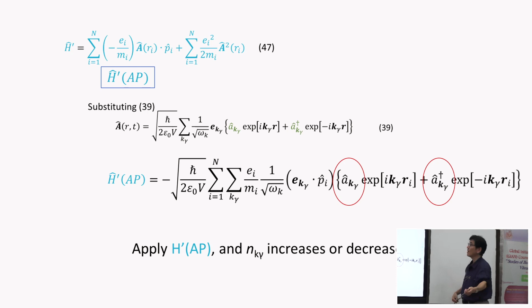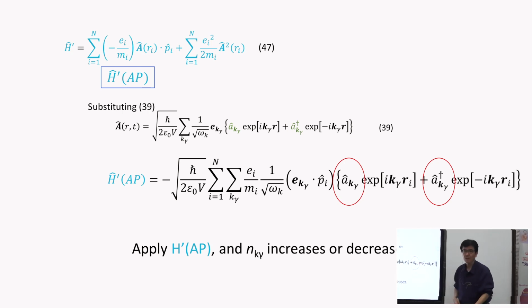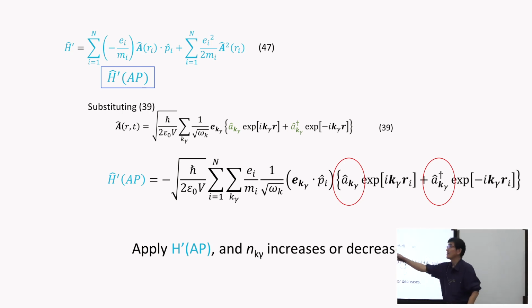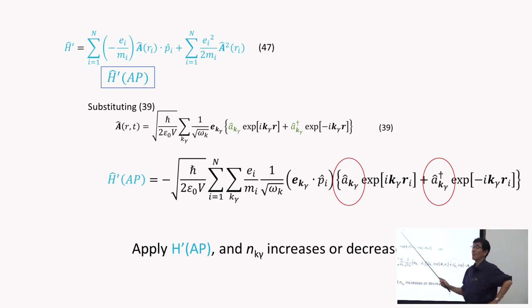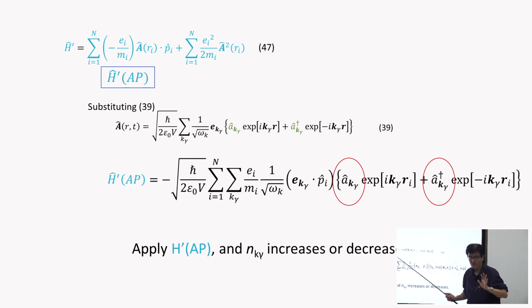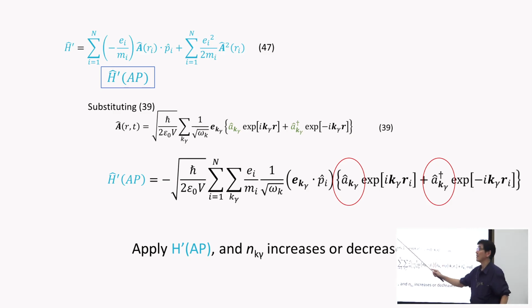For that purpose, we should consider the expression of the interaction Hamiltonian a little bit more. Yesterday I showed that the interaction Hamiltonian mainly consists of two parts, including A·P and A square. To formulate Raman scattering, we should consider the contribution from the A·P term, so I explain this term mainly.